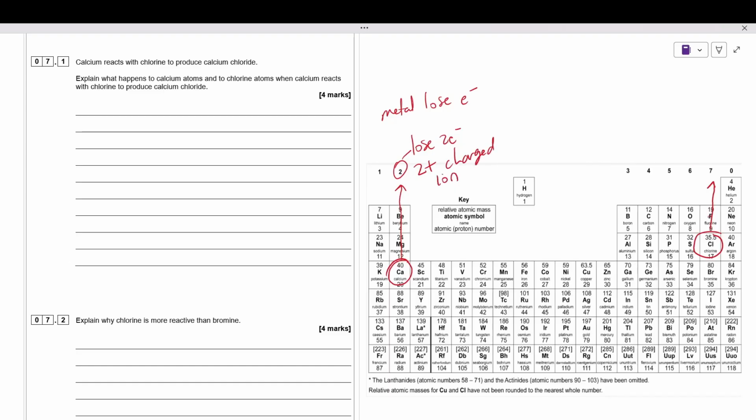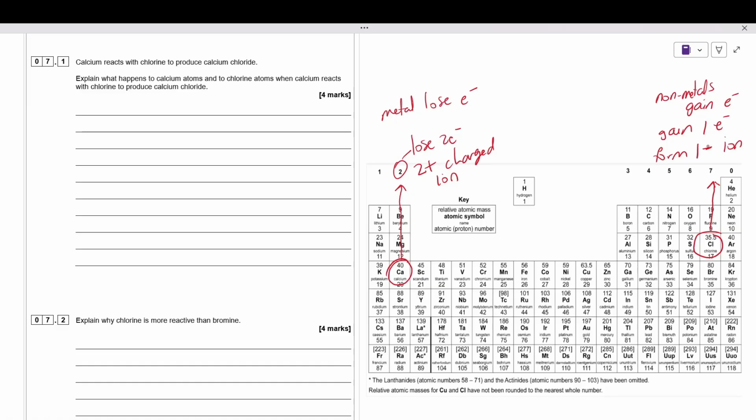And for our chlorine, which is in group 7, it can have a max of 8, and we know that nonmetals gain electrons, and it's in group 7, can have a max of 8, so it means that it's gonna gain 1 electron, and it's gonna form 1- ion. So that we know.